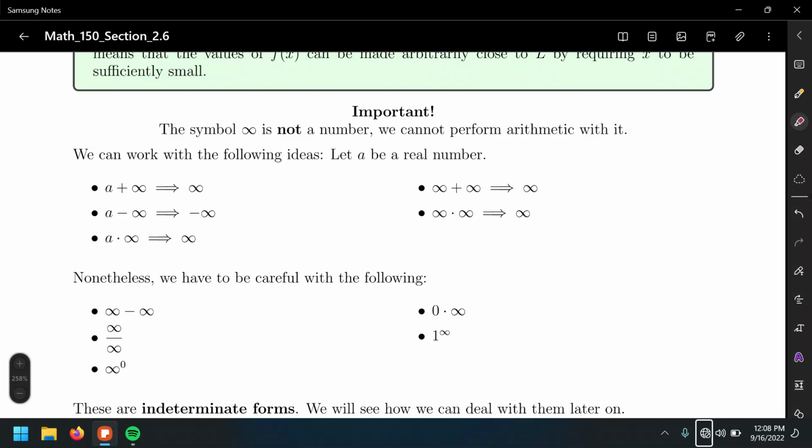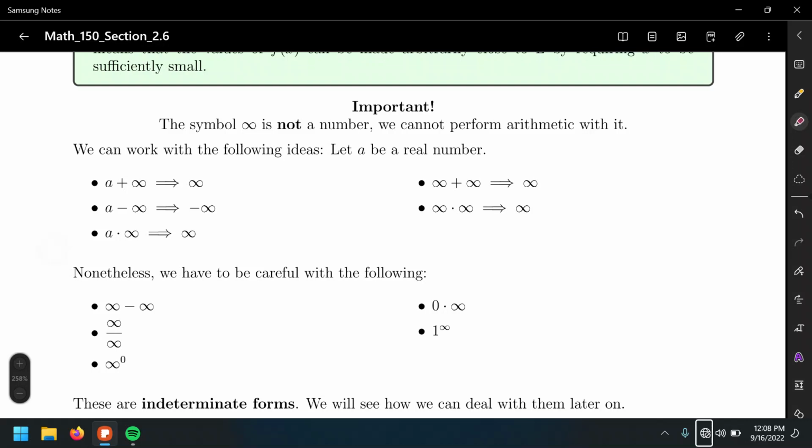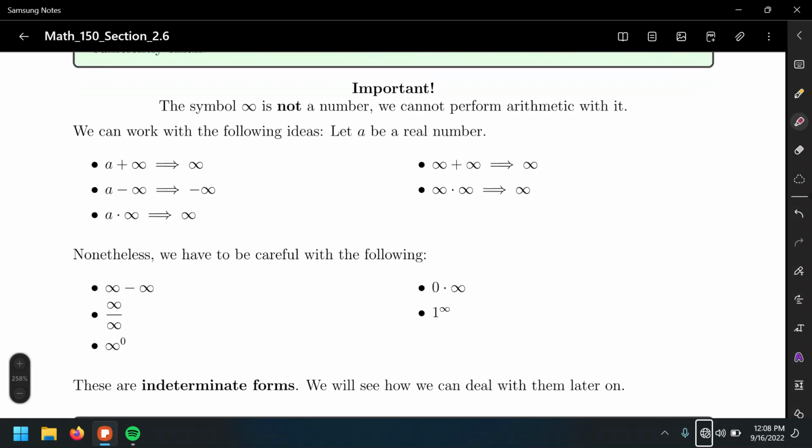And the reason for this is because we don't know which infinity is bigger than the other. And that's the issue when it comes to subtracting infinities. So you might think that infinity minus infinity would be 0, right? Because 5 minus 5 equals 0. 7 minus 7 equals 0. Unfortunately, this is not the case with infinities, because again, we don't have an idea of which infinity is bigger than the other.